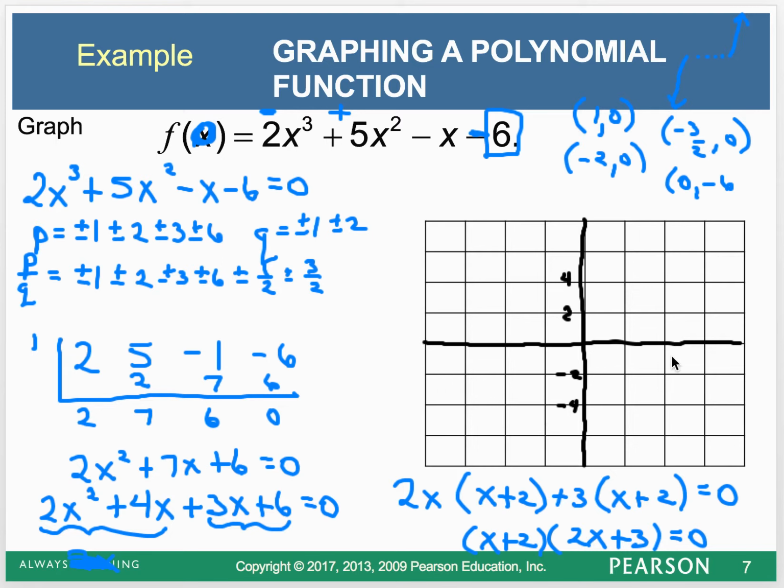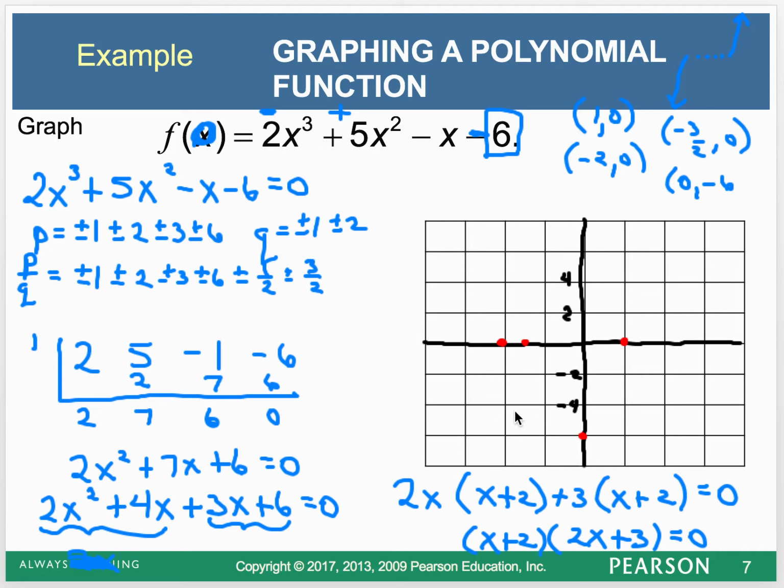Okay, so I've got a point at 1, 0, a point at negative 2, 0, a point at negative 1.5, 0, right? Now, before I go much further, I also have a point down here at negative 6, but I just want to make sure that this shape will go through these points, right? Just to make sure that I haven't made a mistake somewhere, and that looks good.